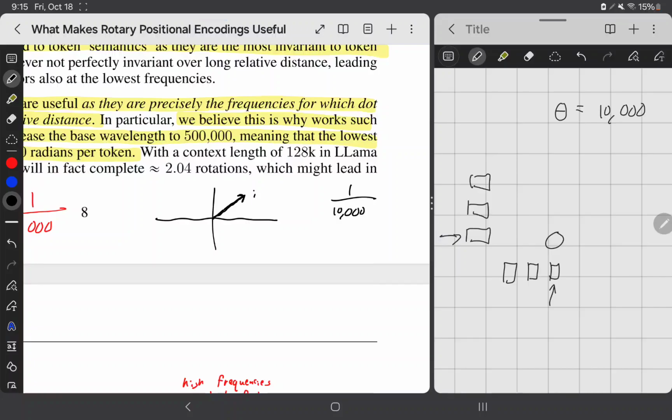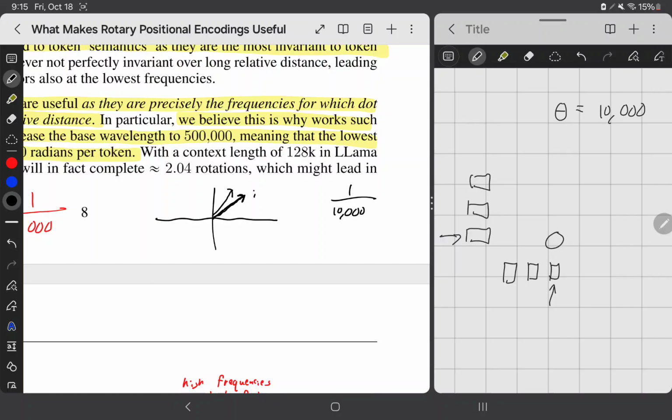If we rotate it 4 or 5 times, it doesn't rotate at all. But if we rotate it 1,000 times, it does change significantly. And this kind of explains why the models aren't very good at extrapolating. At least I think so.